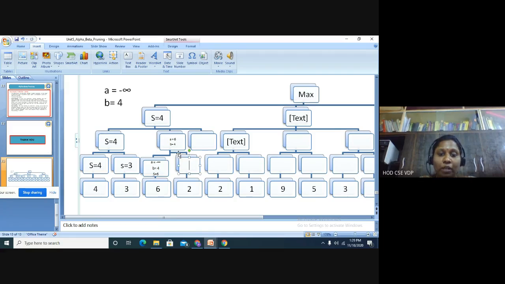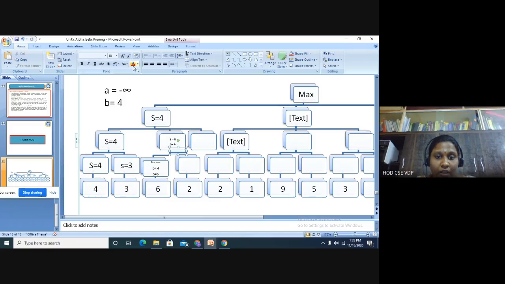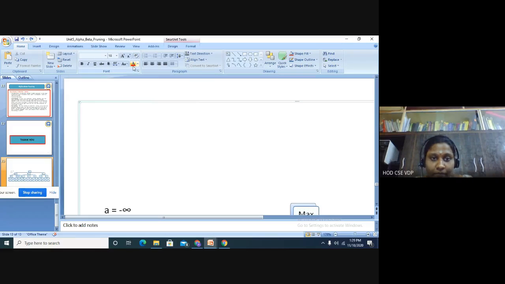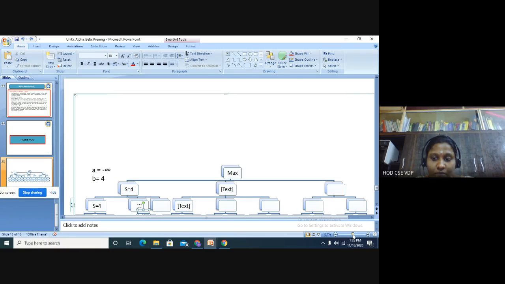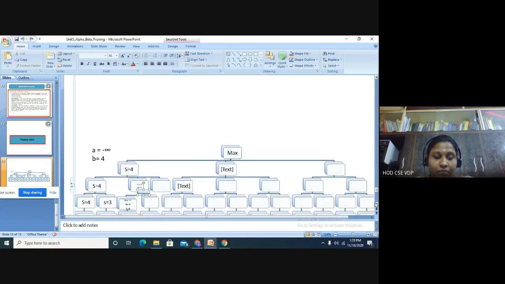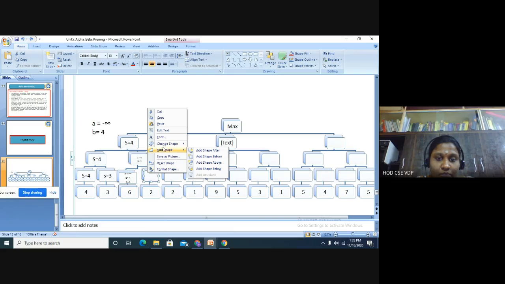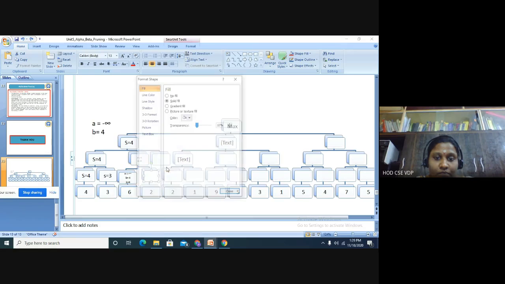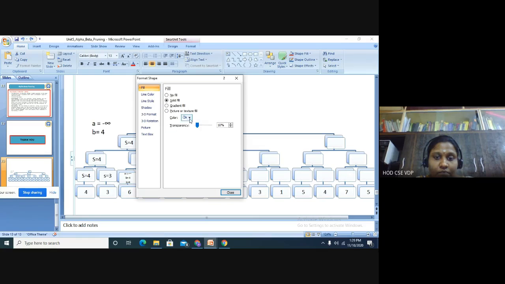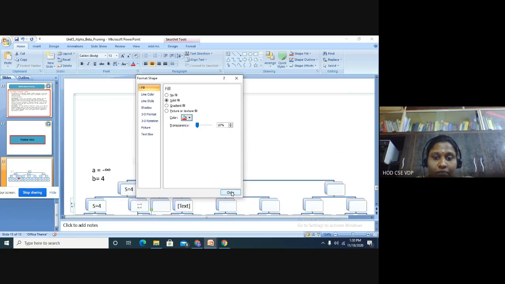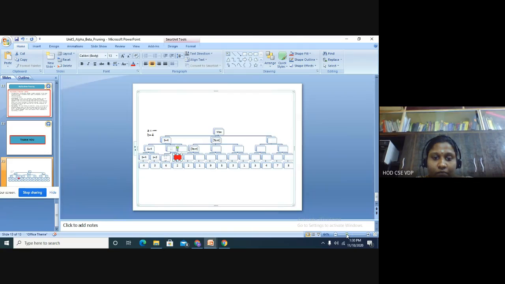I just have to prune at this particular layer, right? Alpha is greater than or equal to beta. So I prune this and I prune this.